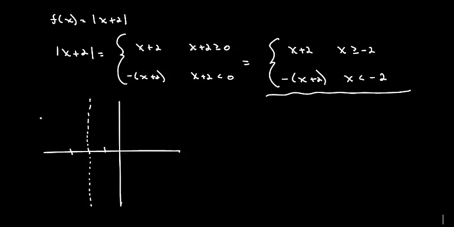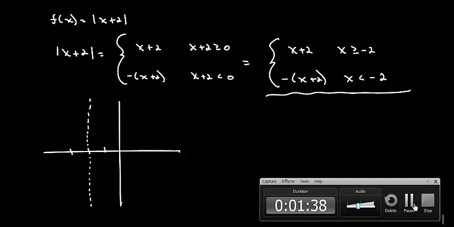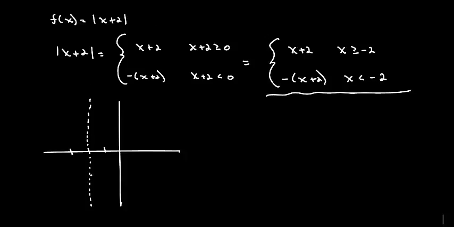Or you can just think about this as not really being there, but it helps us see the division between the two. So now that we have our division line here, we're going to graph x plus 2 to the right of it, and we're going to graph negative x plus 2 to the left of it. So over on this side right here, we've got the graph x plus 2. On this side, we've got negative x plus 2.